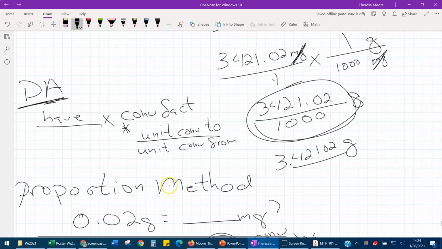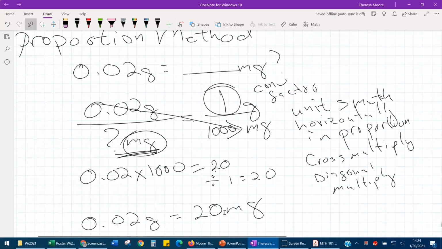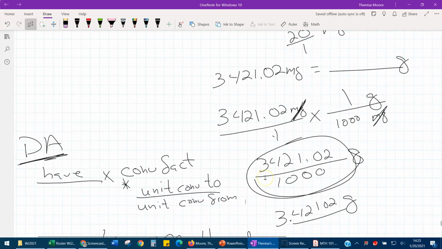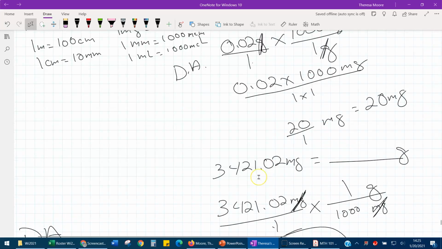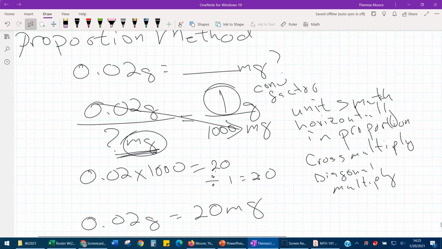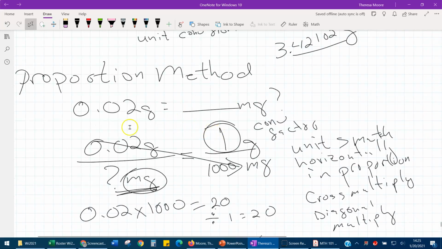Then the proportion method, you set up your 2 ratios, equal sign between them, units match across the top and bottom. Cross multiply and divide. So with dimensional analysis, your units are actually on opposite sides of the fraction bar so they can cancel. But in proportion, your units are on the same side of the fraction bar.